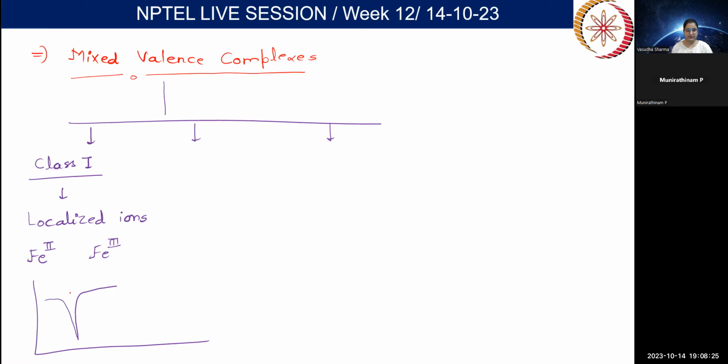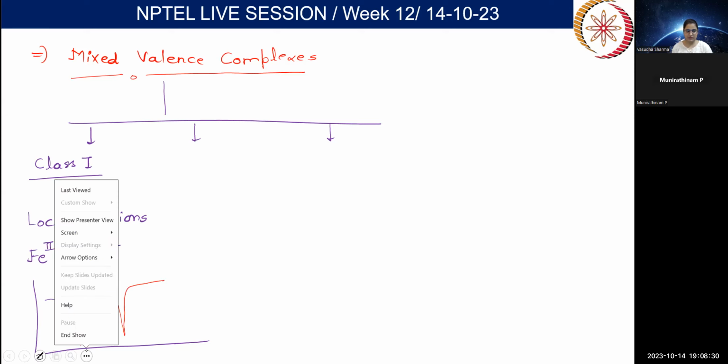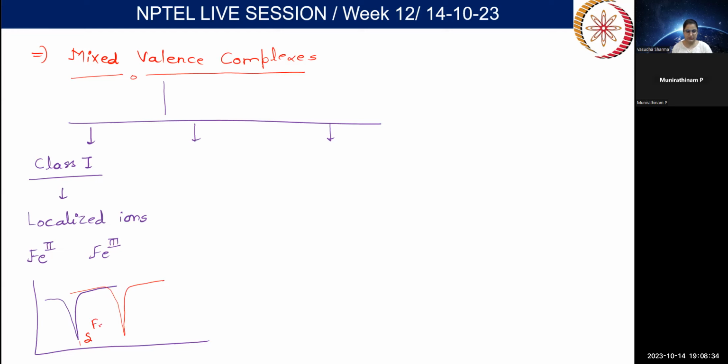And if I am talking about iron 2, it would be in this particular position. So this value is of iron 3 plus, and this is of iron 2 plus. So this unit is velocity, millimeter per second, and on the y-axis we have transmittance. So I hope this is clear.